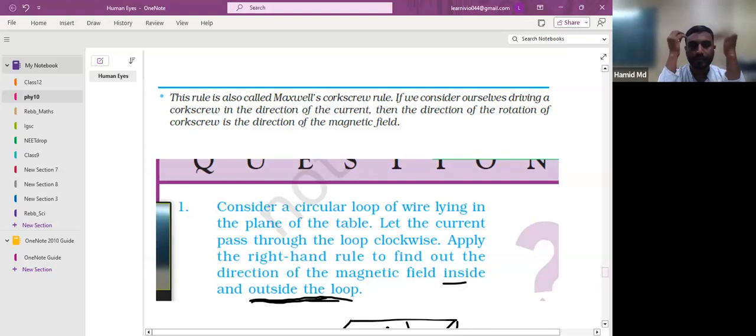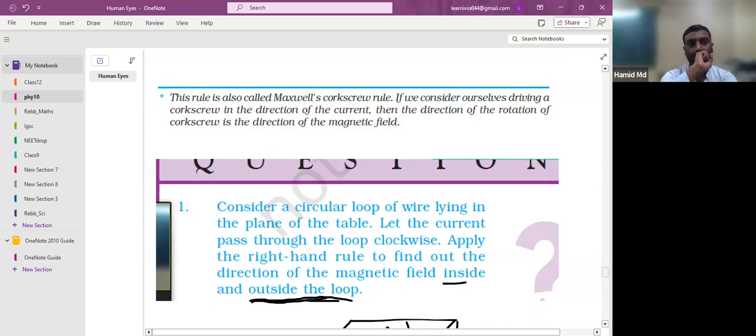If it is a straight wire, how will we get the direction of magnetic field, by which direction the current is flowing? You should use the right hand thumb rule. Okay, that's good. So do you have any confusion?